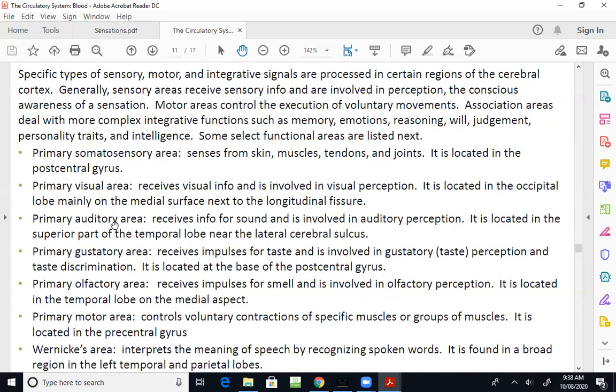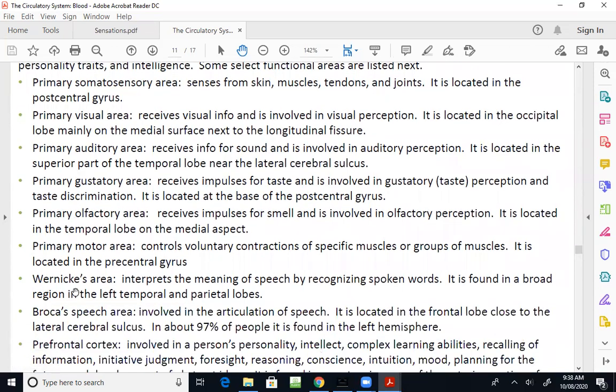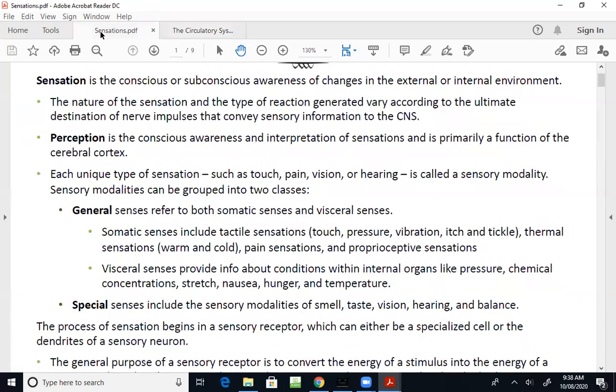You're also using the primary auditory area because you're hearing the sounds that I'm creating and able to interpret the words that I'm speaking, which also involves another area of your cerebral cortex called Wernicke's area.